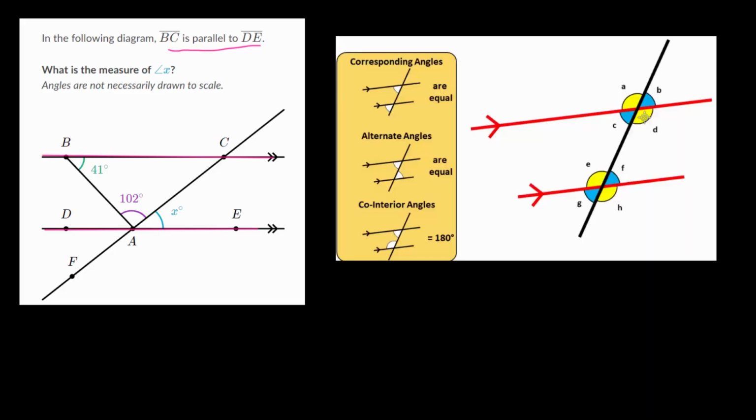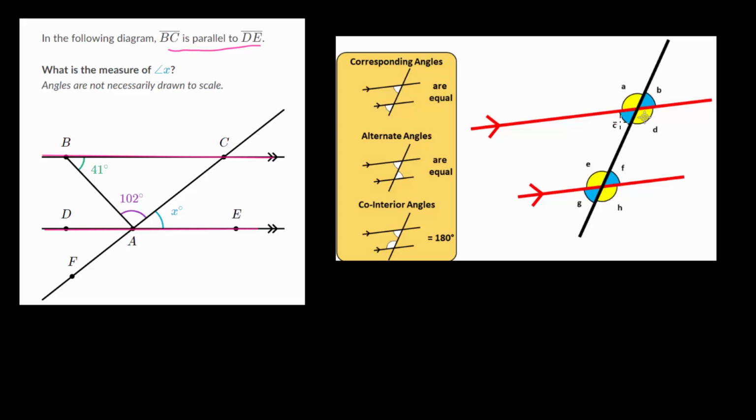For instance, this angle x, this is outside of our triangle, but let me post in a diagram showing the relationship between parallel lines. With this diagram, you can see which of the angles are equal.